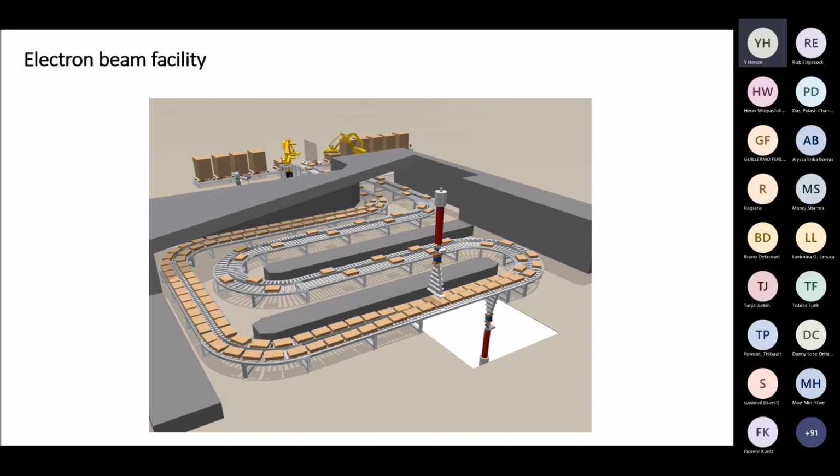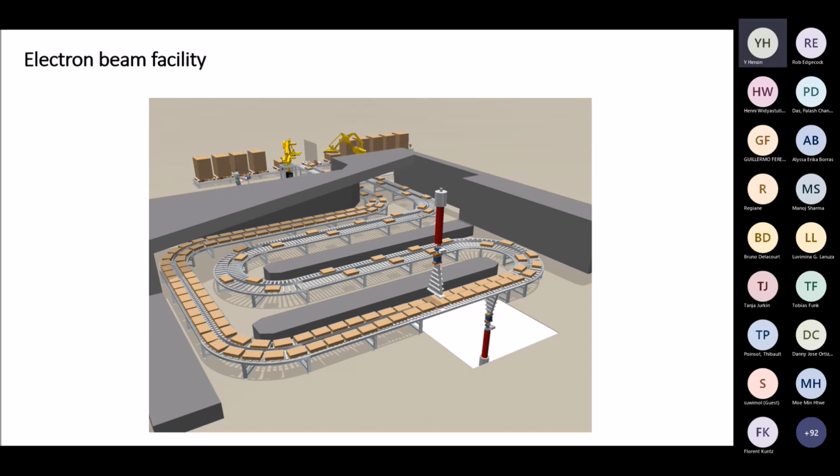In an electron beam facility, like for gamma, you try to have the product going as smartly as possible toward the source. So there you see two accelerators, one irradiating from the top, one from the bottom.